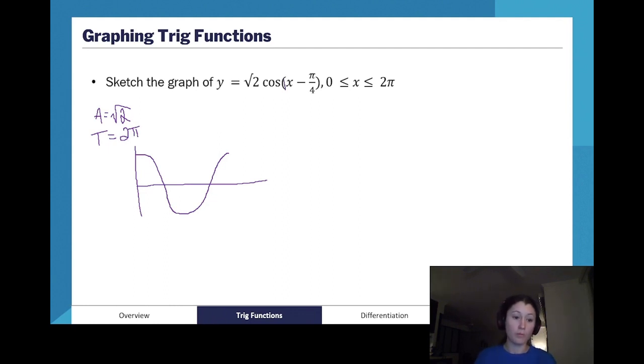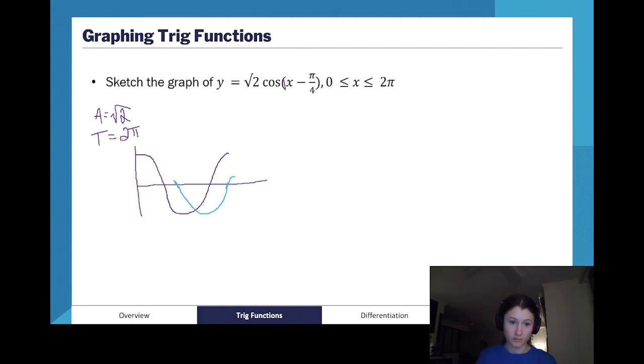Now we want to move this to the right by pi on 4. So what we want to do is think about this intercept is going to happen pi on 4 later. This intercept is going to happen pi on 4 later. So we know that it's going to look like this.